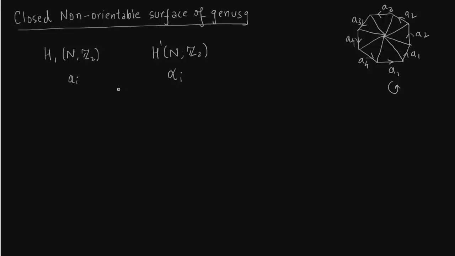So let us draw this. So this is alpha 1. Similarly, we can draw alpha 2, alpha 3 and so on. You can find this on page 208 of Hatcher.